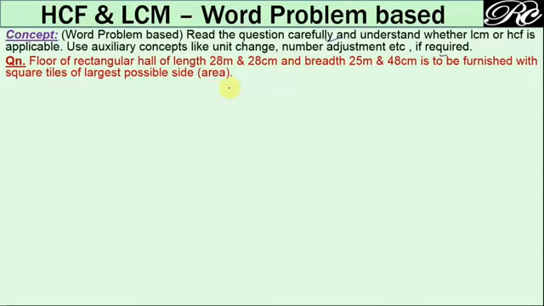The floor of a rectangular hall of length 28 meter 28 centimeter and width 25 meter 48 centimeter is to be furnished with square tiles of largest possible side. Means the side length of the tiles is required.